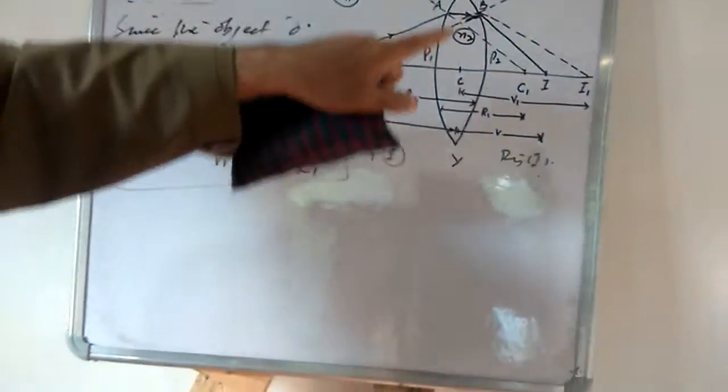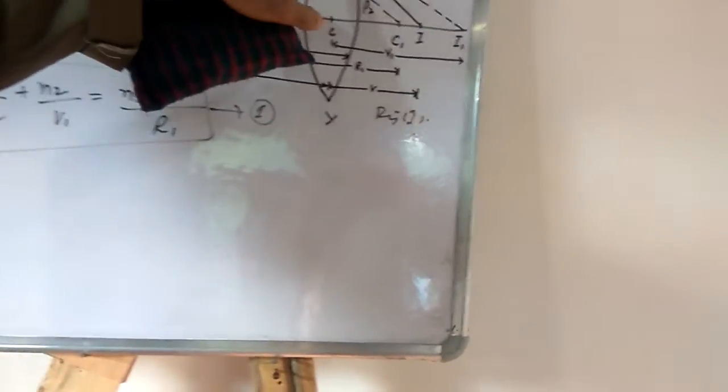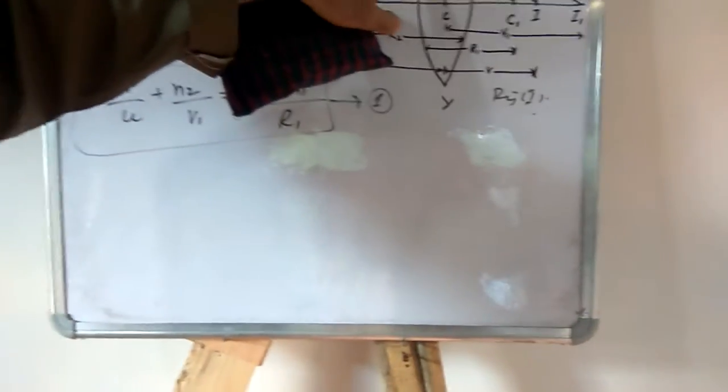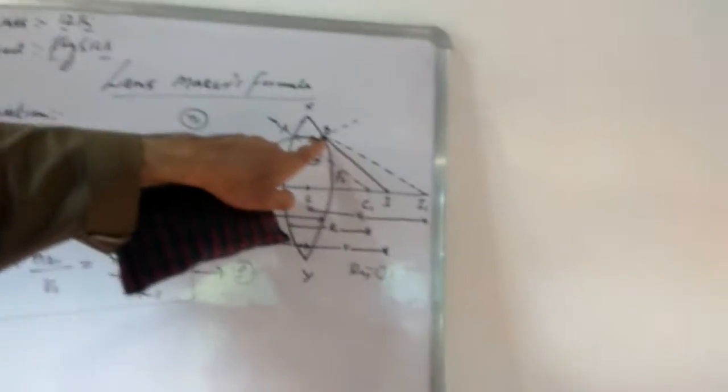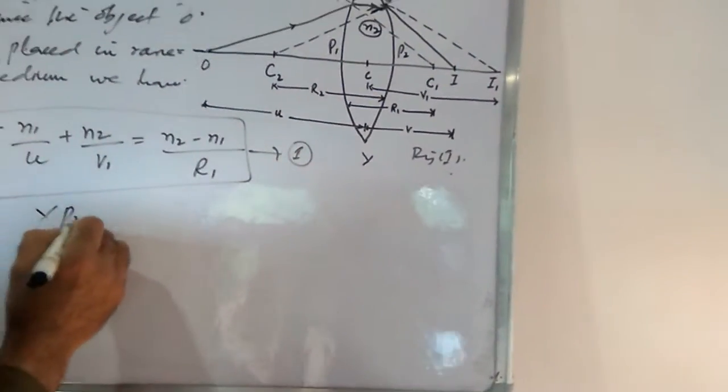Now dear students, as we see here, the refracted ray AB, after refraction at A, is refracted by the second surface XP2Y.